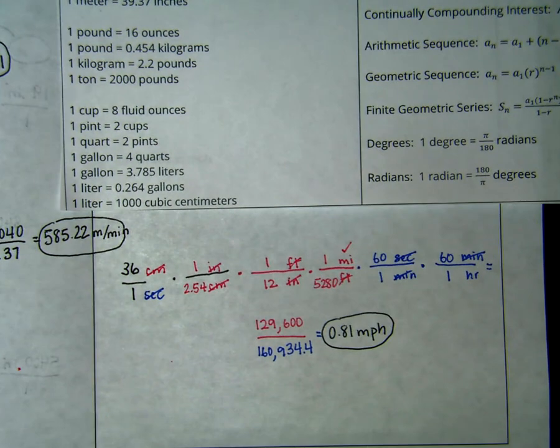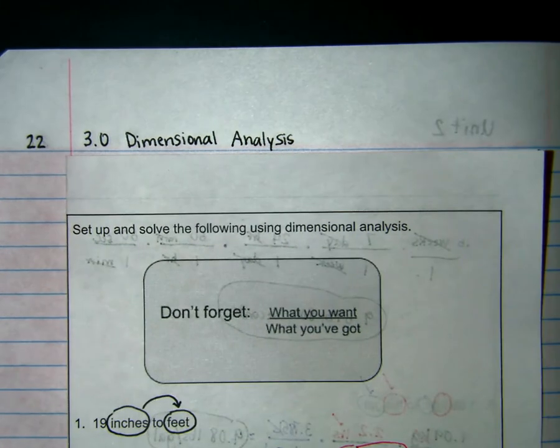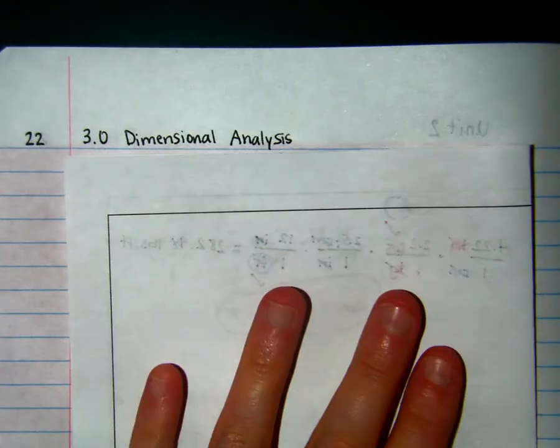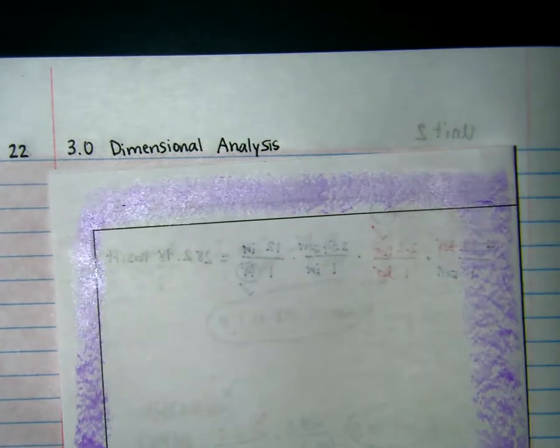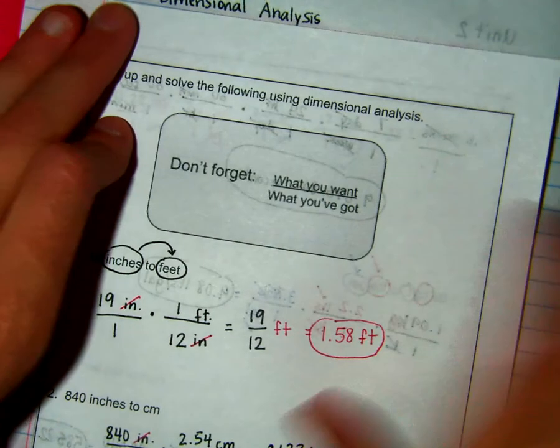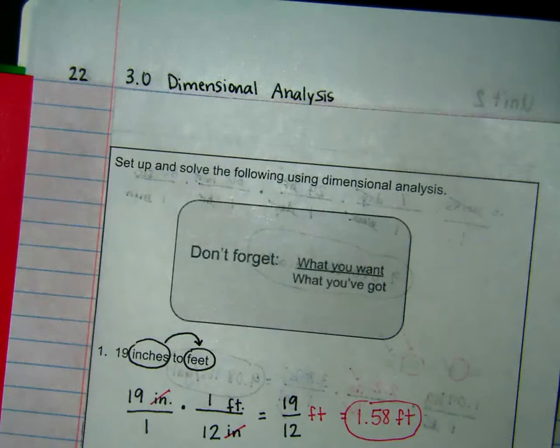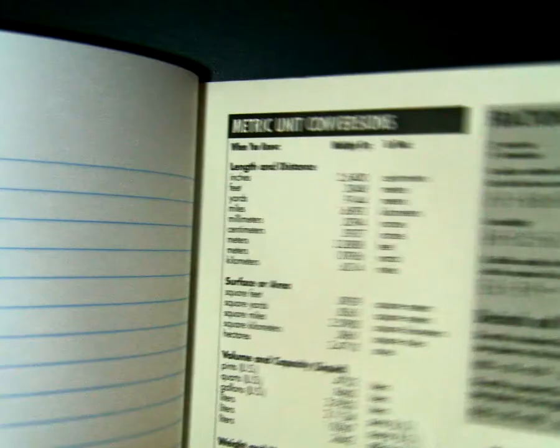We're going to do more of these tomorrow. You need to glue this in on page 22. If you were at school and I gave you this, it actually should already be glued in, but you have this reference sheet, turn to the very, very last page in your notebook.